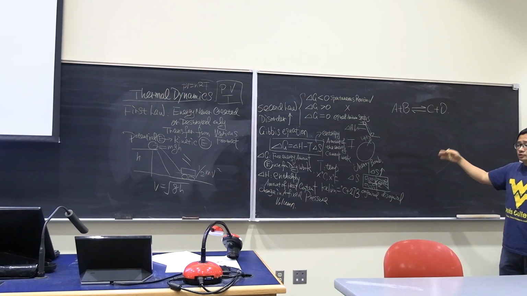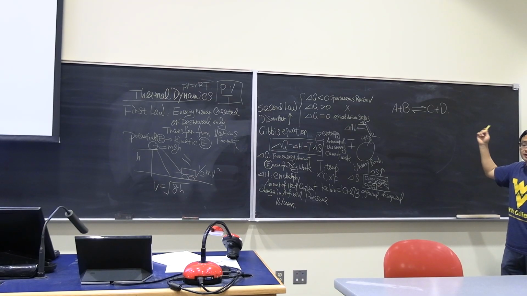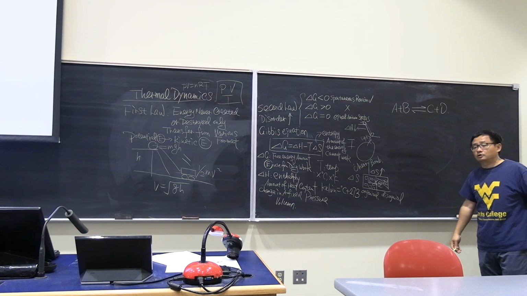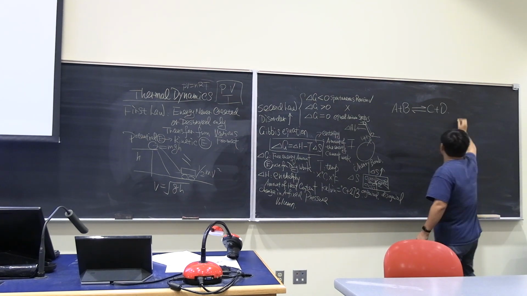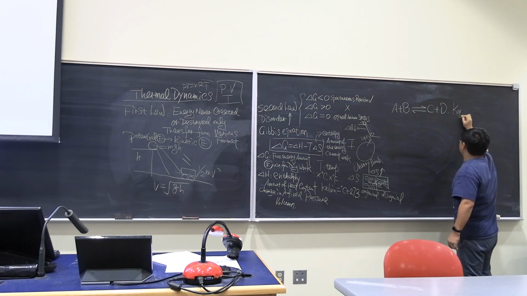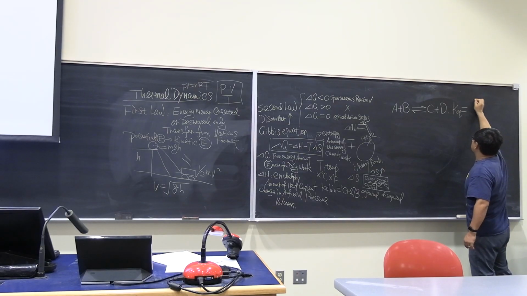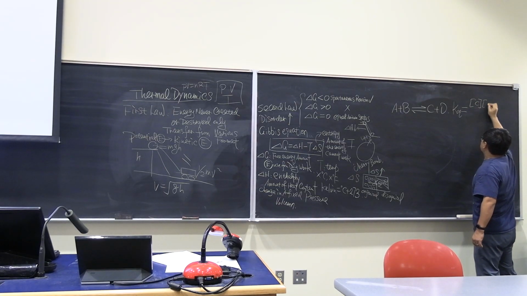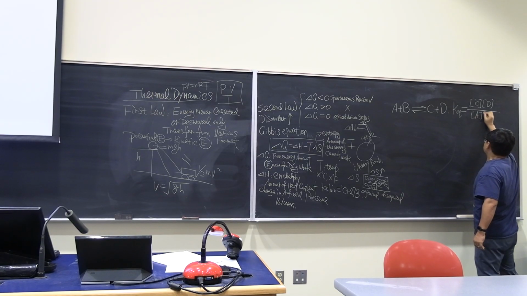Remember, the biochemical reactions in microbiology are all reversible, or we say 99.9 percent are reversible. Any of the organic reactions are reversible. So we get K, the equilibrium constant, equals the product concentration over the substrate concentration.